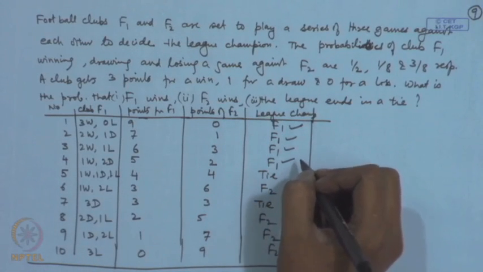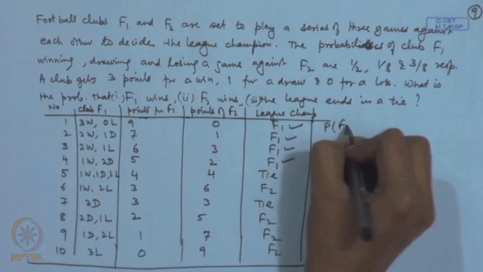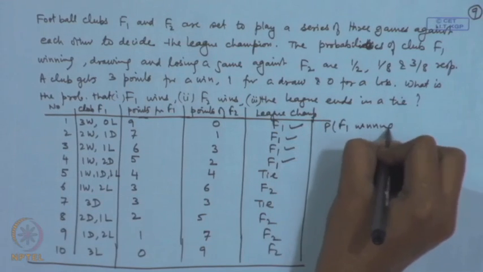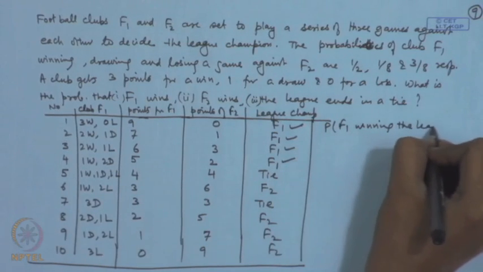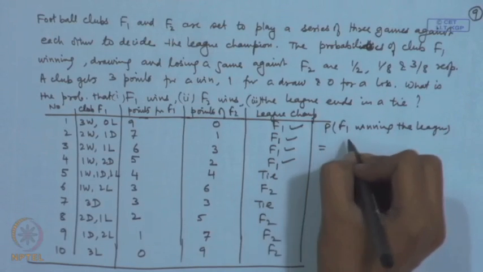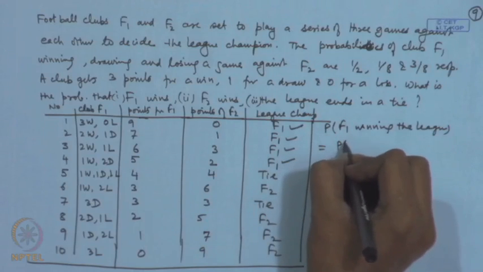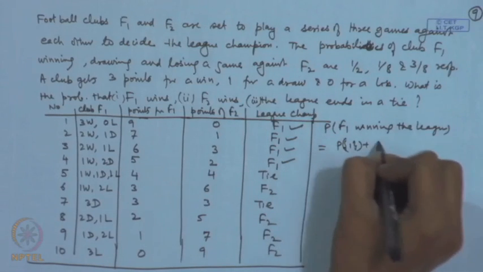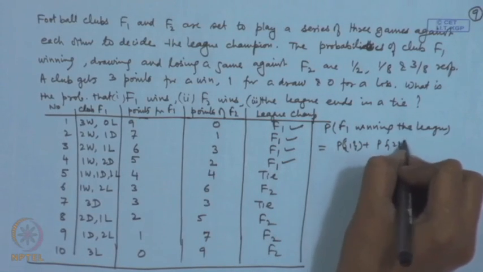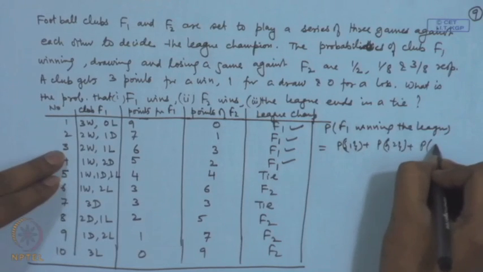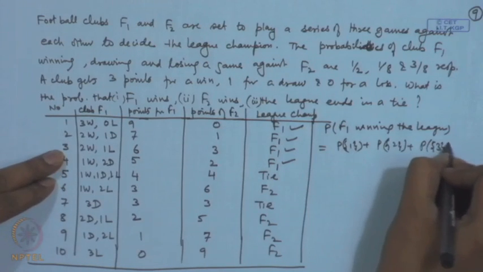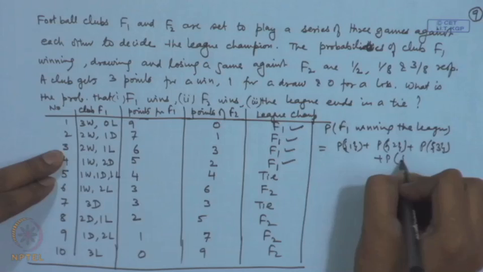What are the probabilities here? Probability of F1 winning the league is equal to the probability of these 1, 2, 3, 4 possibilities: probability of event 1, probability of 2, probability of event 3 and probability of event 4.